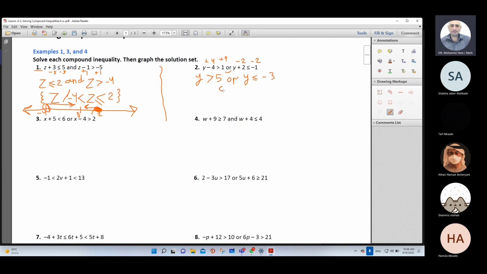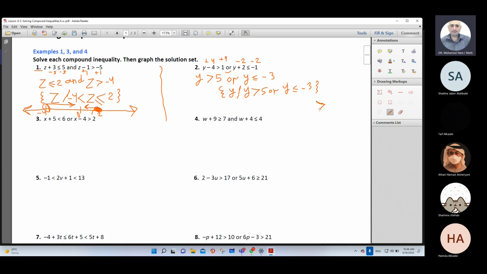So the set of the solution here, the variable y, as you see, has two solutions. Suppose the first solution is true or the second solution is true. So y greater than 5 or y less than or equal to negative 3.